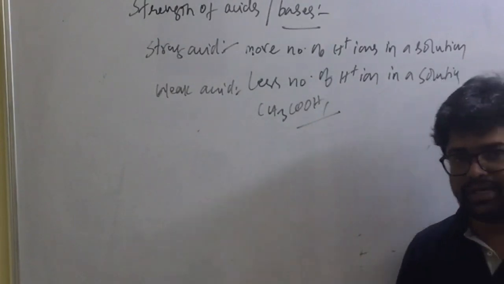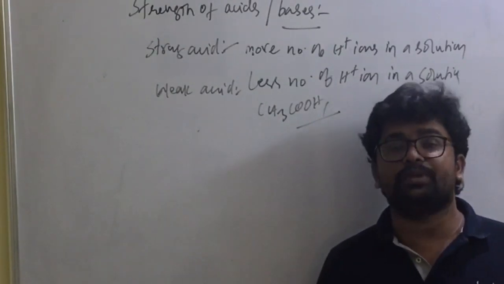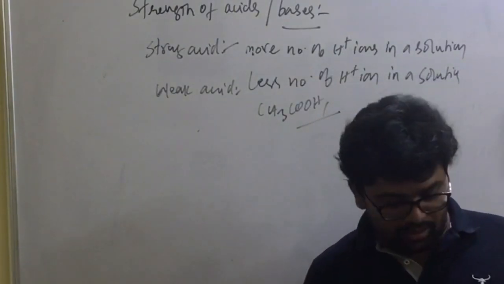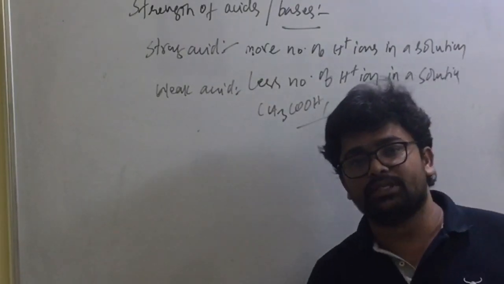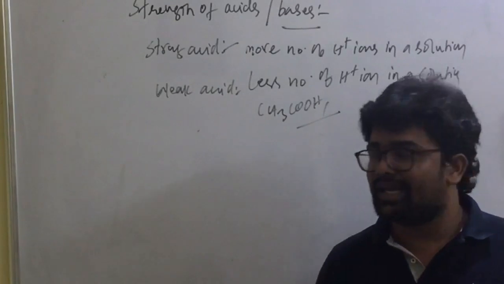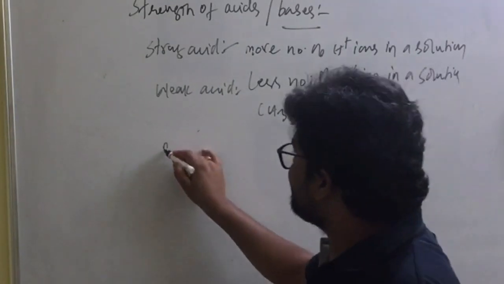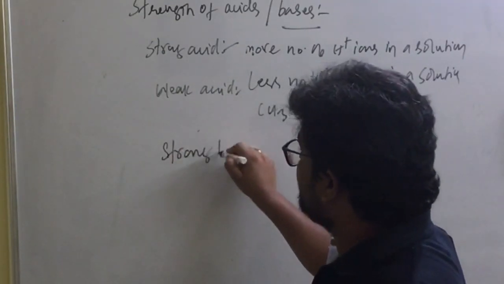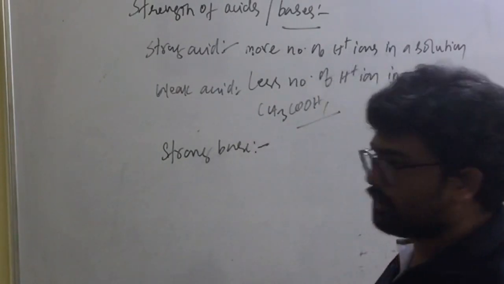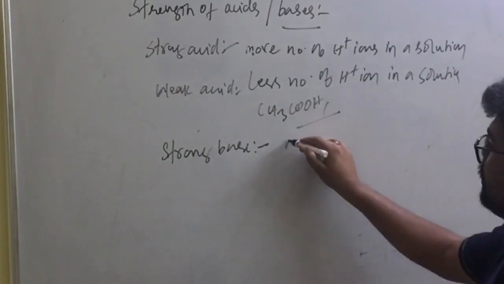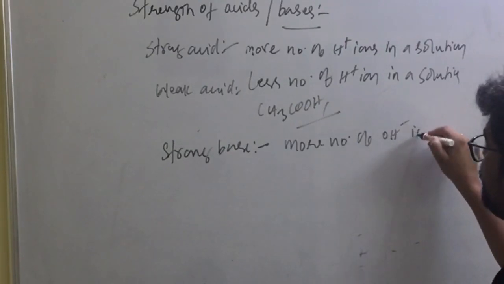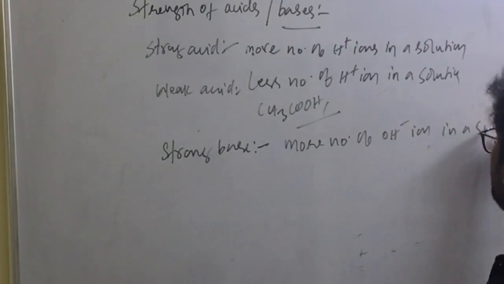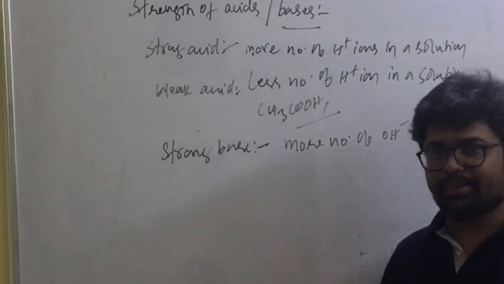So how are we deciding the strength of an acid? Based on the presence of H plus ions. If more number of H plus ions are present, it's a strong acid. Less number of H plus ions are present, called weak acid. In the same way, we decide the strength of bases based on the presence of OH minus ions. More number of OH minus ions in a solution, we call it a strong base.